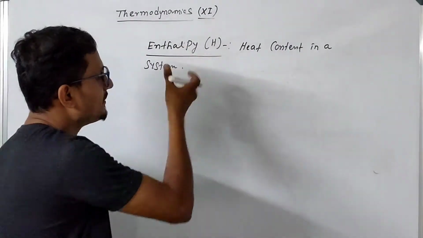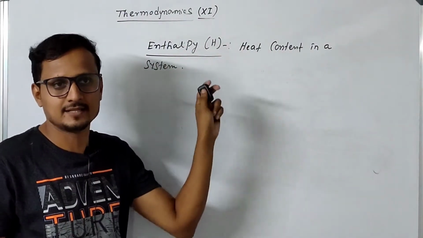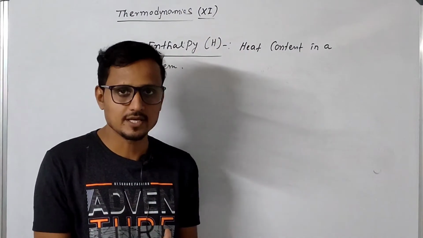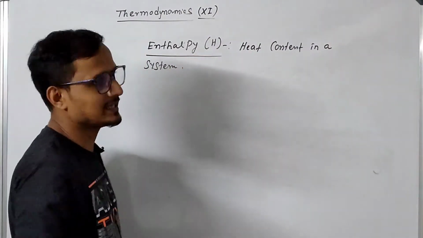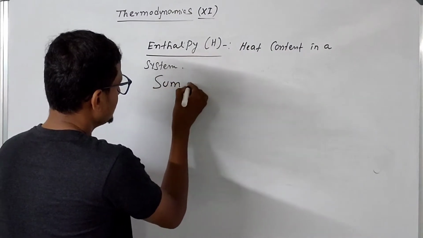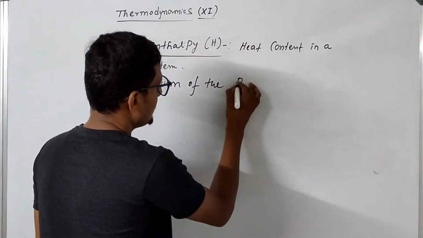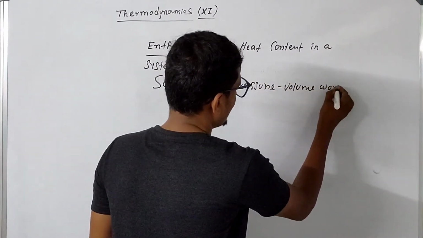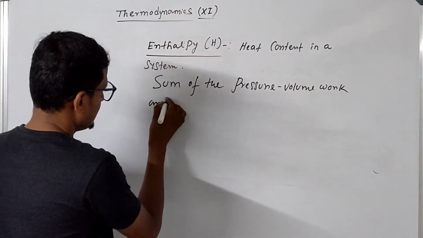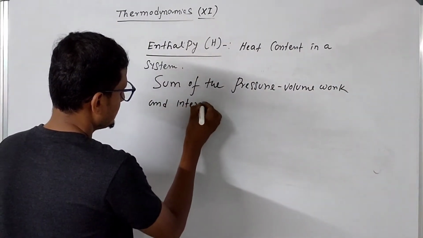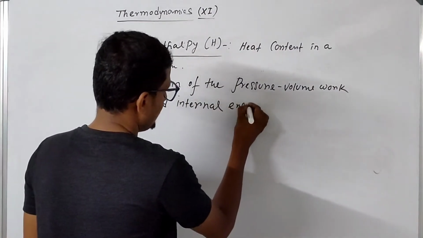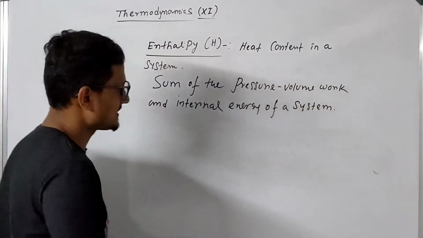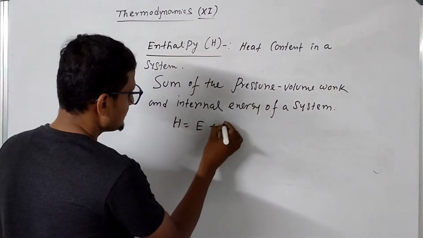Okay, now we can define mathematically this H, enthalpy of a system, as the sum of the pressure volume work of a system and the internal energy. So we can express mathematically as the sum of the pressure volume work and internal energy of a system, which is expressed as H equal E plus PV.